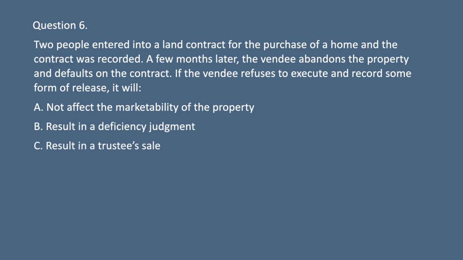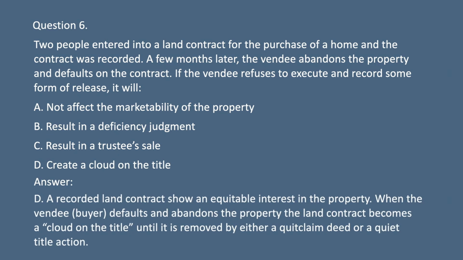C. result in a trustee's sale. D. create a cloud on the title. Answer D. A recorded land contract shows an equitable interest in the property. When the vendee, buyer, defaults and abandons the property, the land contract becomes a cloud on the title until it is removed by either a quitclaim deed or a quiet title action.